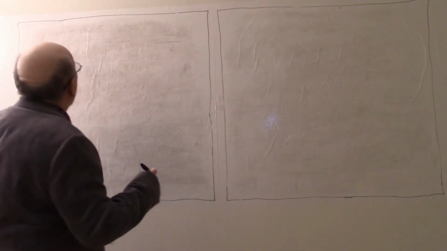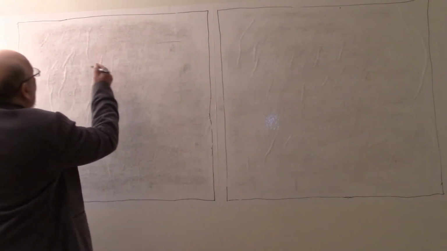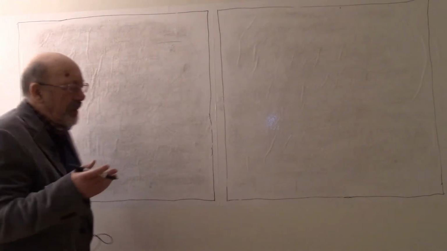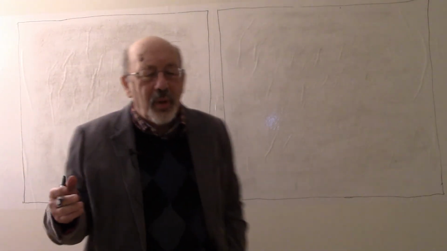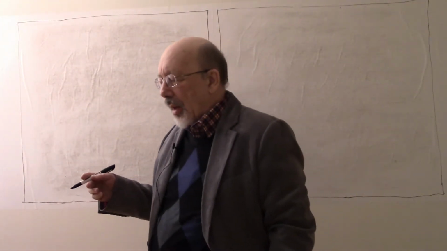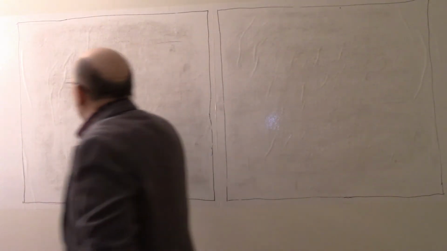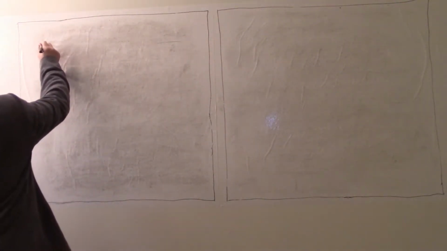So last time we considered the string equation on a half line with specific boundary condition. Let me repeat it.